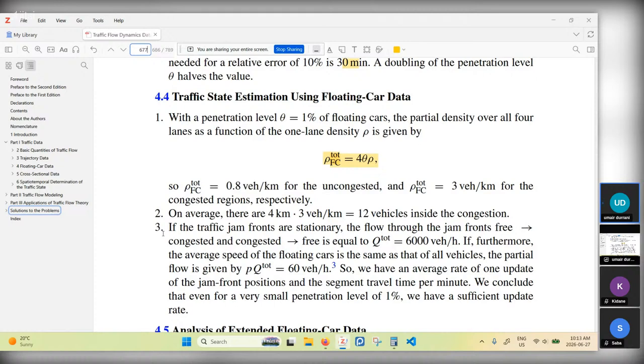So we are getting information from those vehicles every minute, as also explained in the answer here. Which also tells us that even though only 1% of the vehicles are probe vehicles or floating cars, we still are getting updates every minute. So it is still very useful.